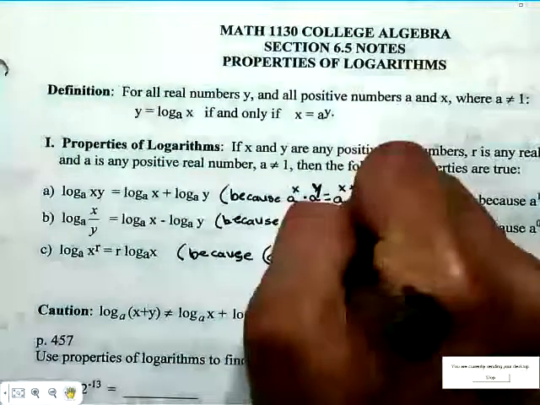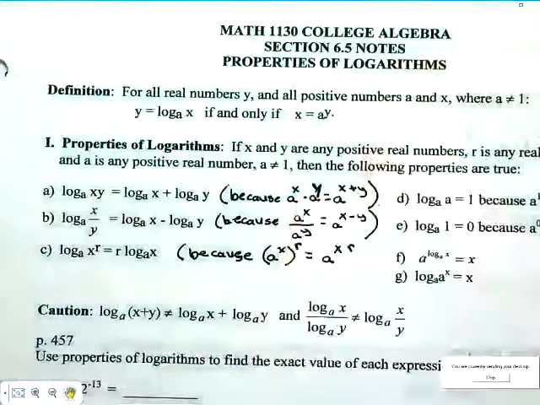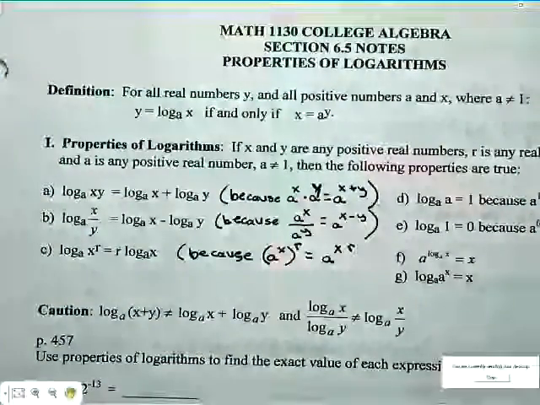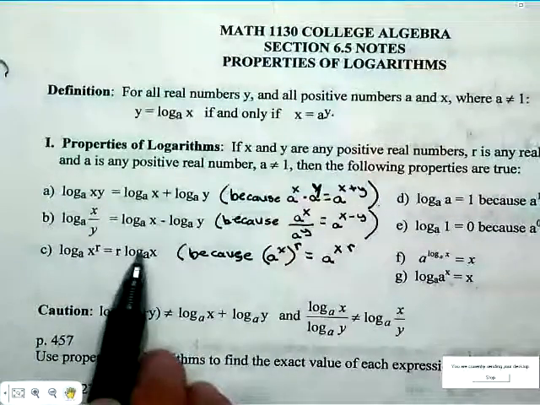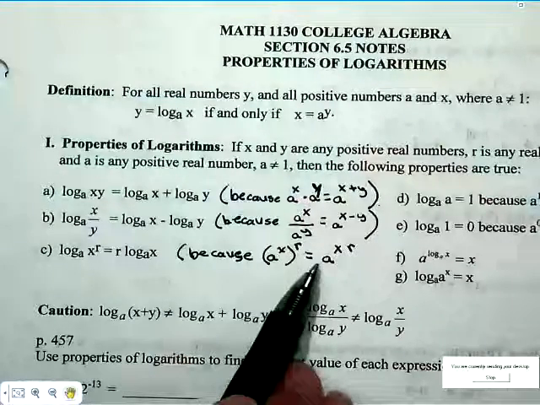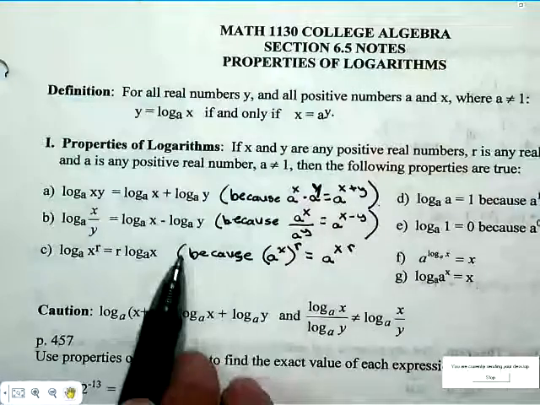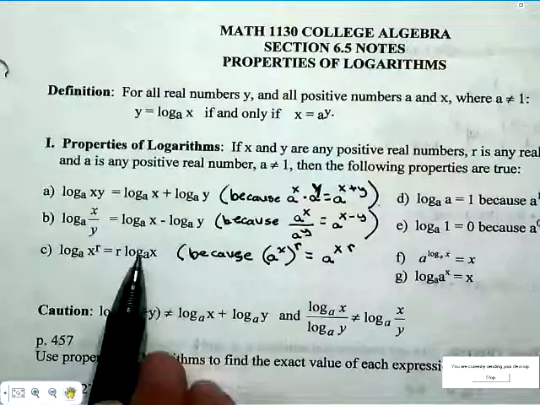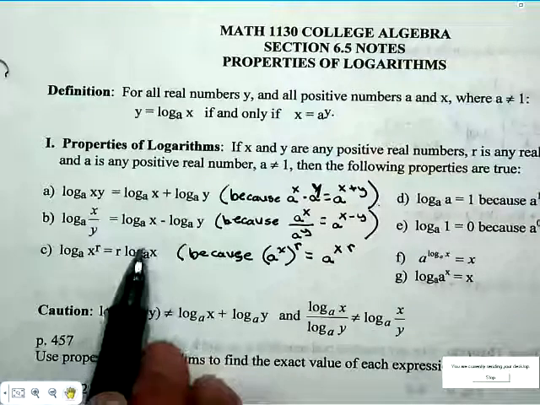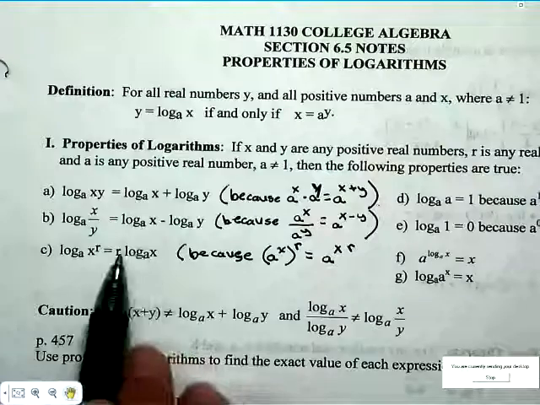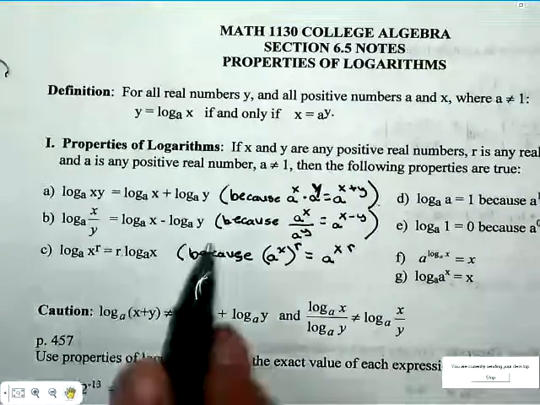A to the x times r. This log base a of x, that is that. I almost said that wrong. Log base a of x is an exponent, and you're multiplying that exponent by r because of this power rule.